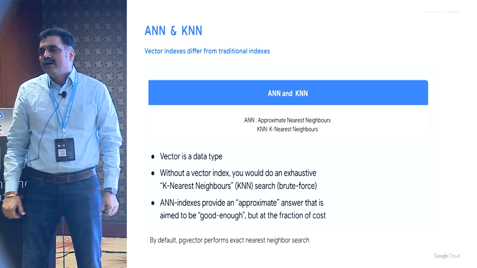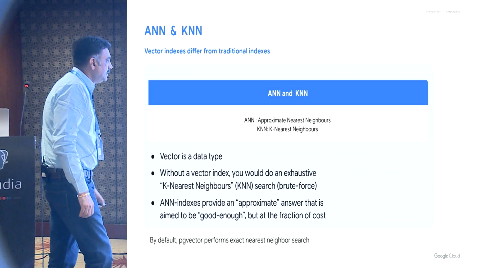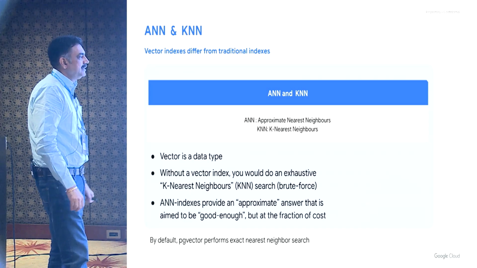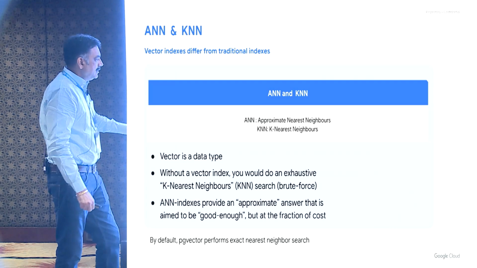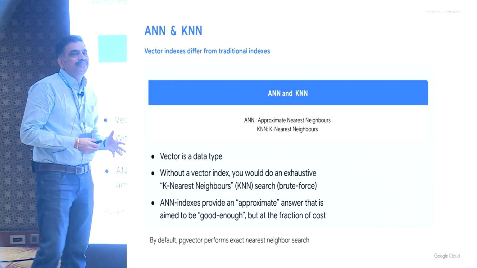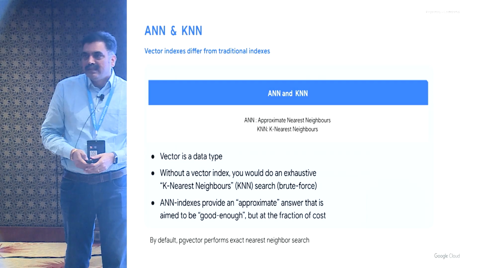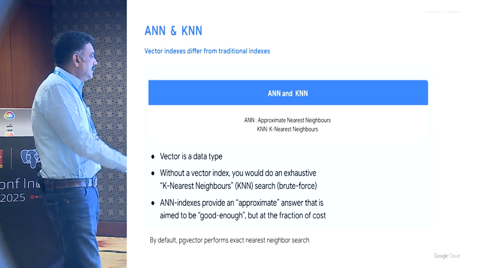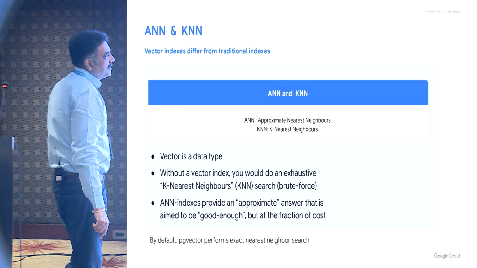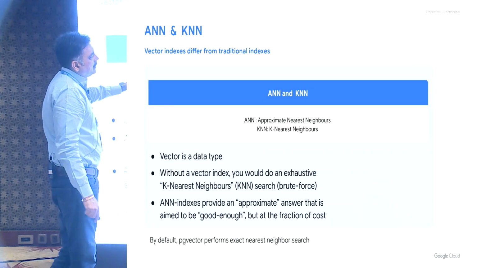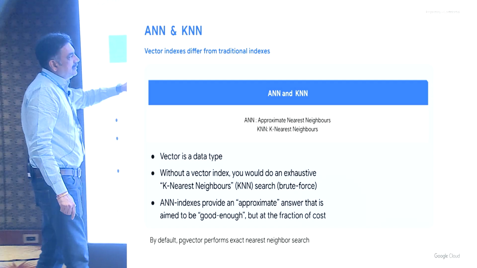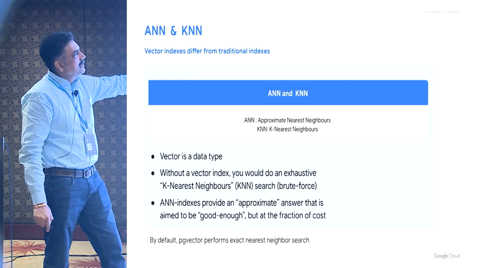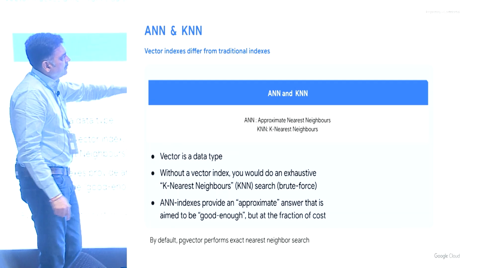If you don't create an index, it always goes for a brute force kind of search algorithm in Postgres. By default, it performs the exact nearest neighbor search. So that's how ANN and KNN are important to us, and we will dive deeper into ANN because that's the indexing technique we are discussing today.